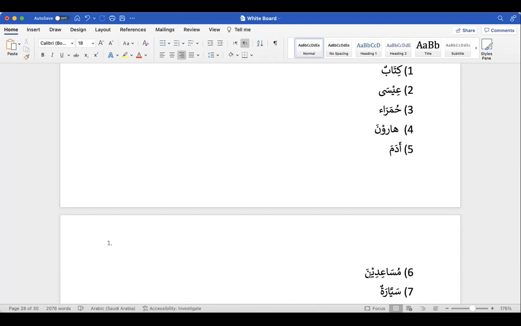For example, mu'minun and mu'minani, like Muslimani, are fully flexible. So Musa'idina can become Musa'iduna, with the una sound and the ina sound. Okay. Sayyaratun.